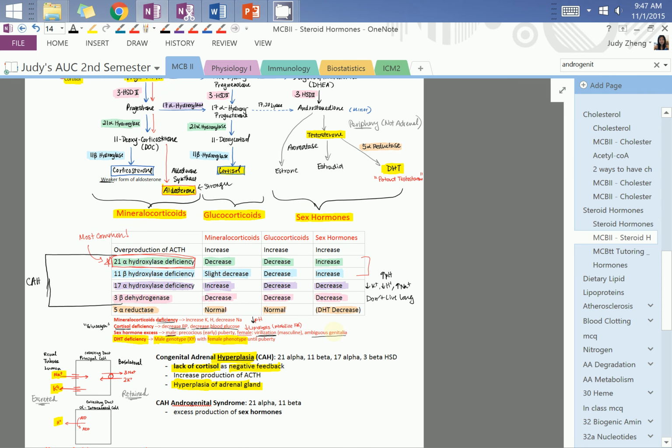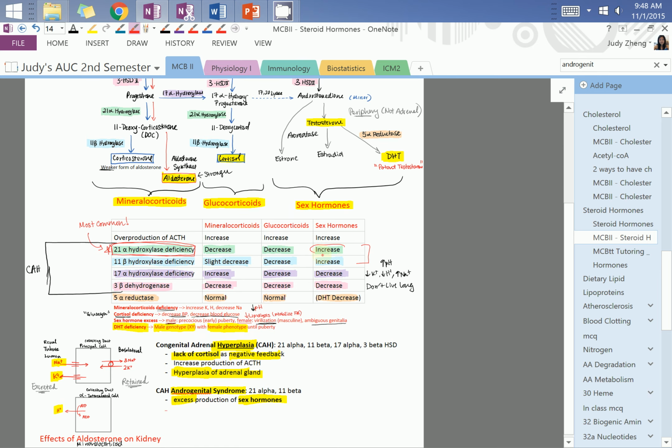But there are only 2 of them that are considered the androgenital syndrome. So androgenital syndrome is referring to the excess production of sex hormones. And if you notice here, there are only these 2 that are giving you excess.